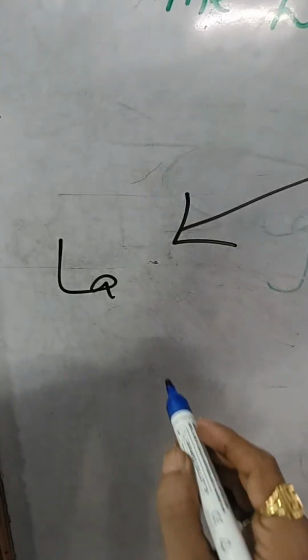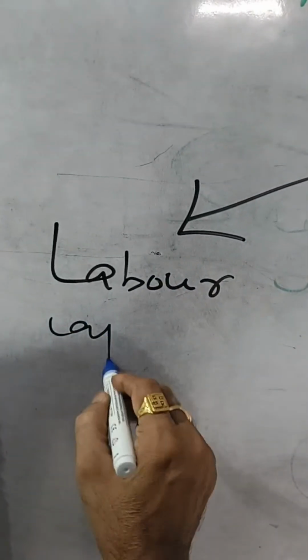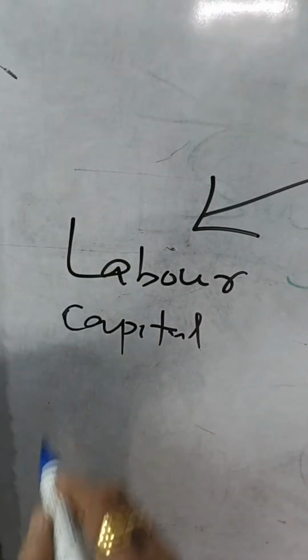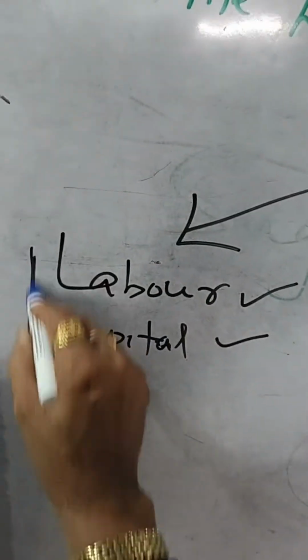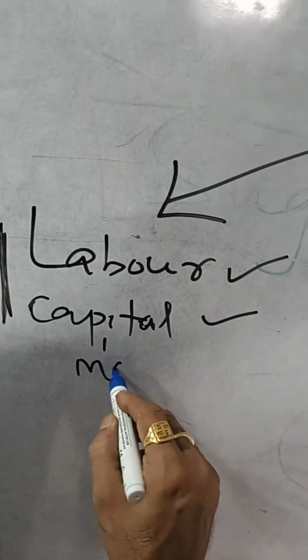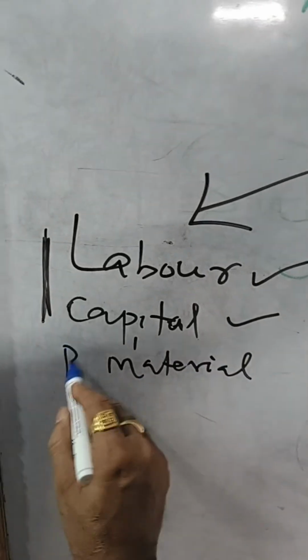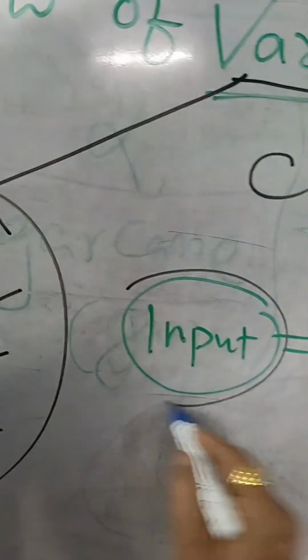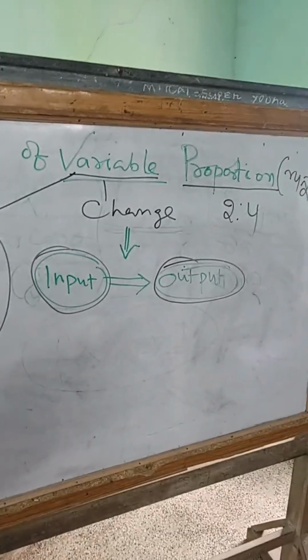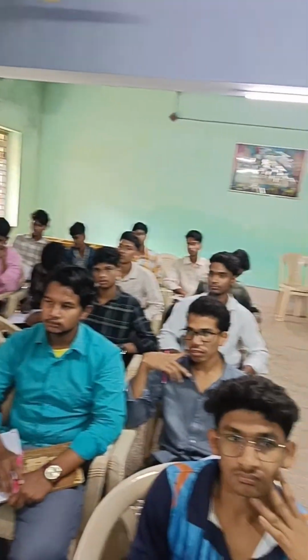Variable factors, I'm drawing the line: labor and capital. Capital means money and machinery. Including raw material is also capital. If we change this input, then the output will also change. So what changes come between input and output is the study of the law of variable proportion, and we call it the production function.